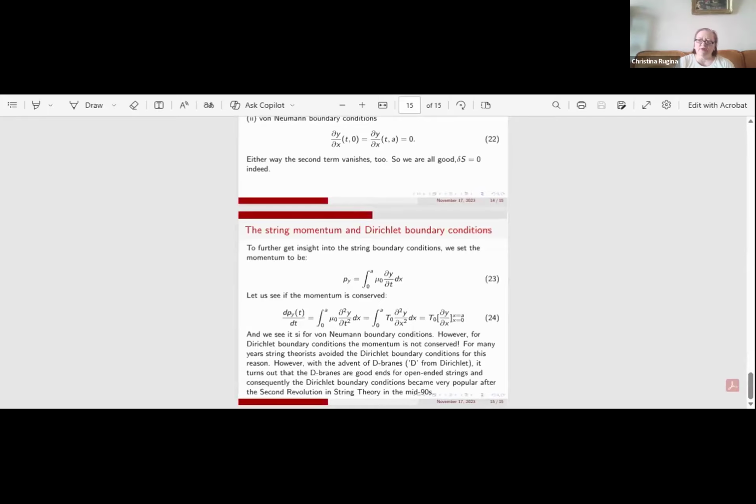And now something that one of your colleagues wondered, the fact that the string momentum is not conserved with Dirichlet boundary conditions, and that's true. The momentum of the string. However, if you have Dp branes, as I explained earlier, D0, D1, or D minus 1, which are the instantons.